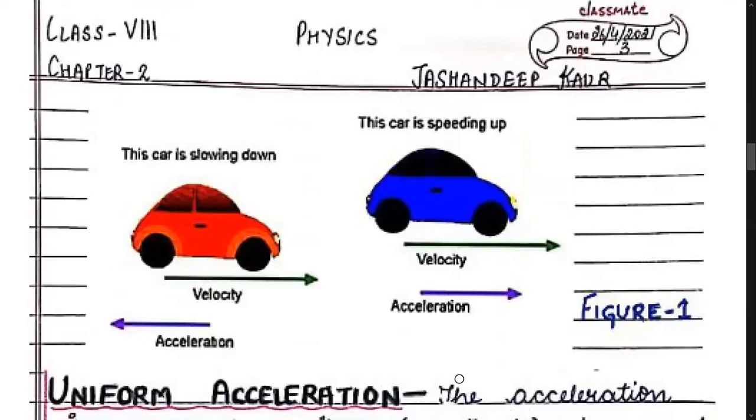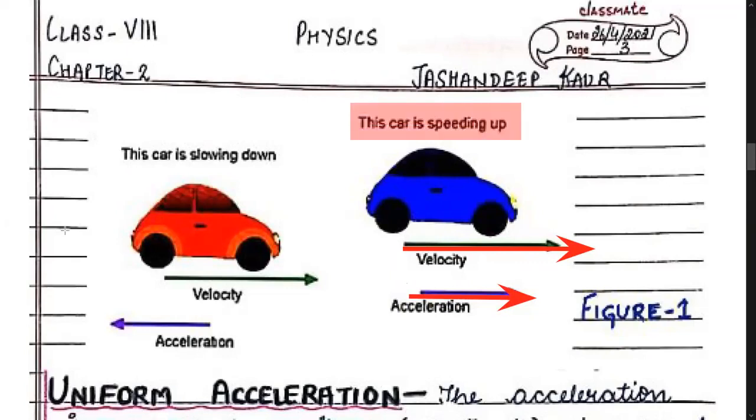Students, now open page number 3. On page number 3, kindly see figure number 1. Now children, this thing you have to understand, that if the velocity and acceleration are in the same direction, then we say that the car is speeding up.